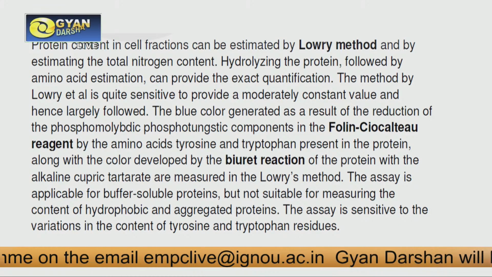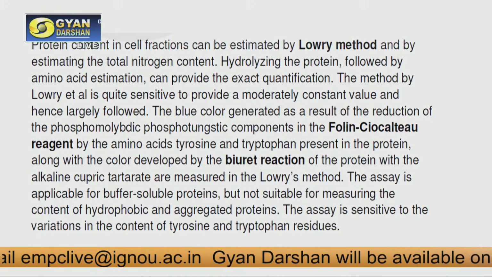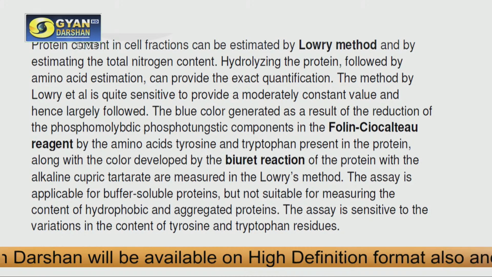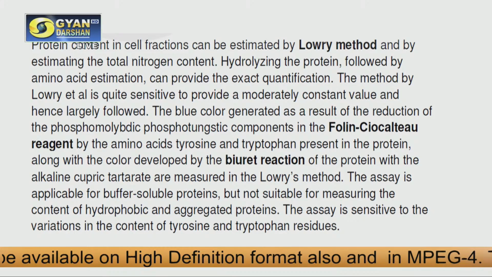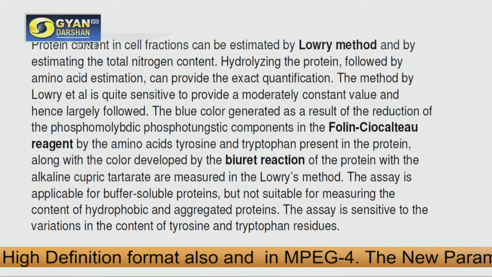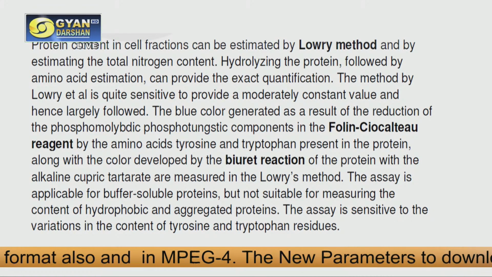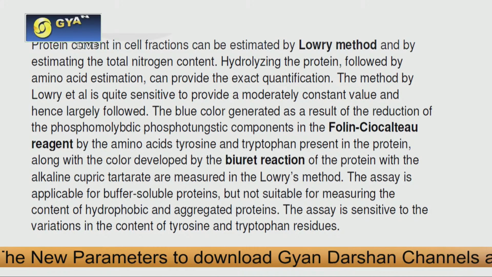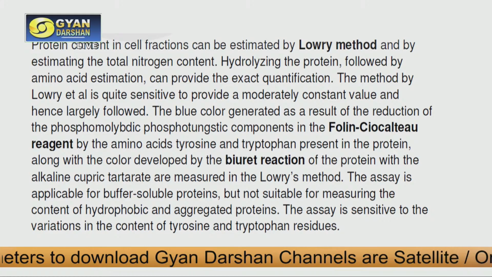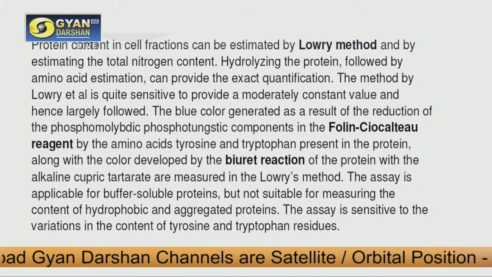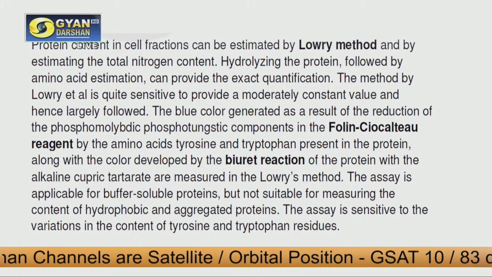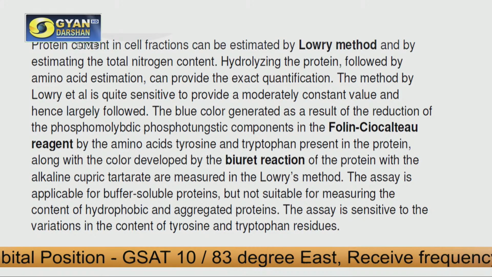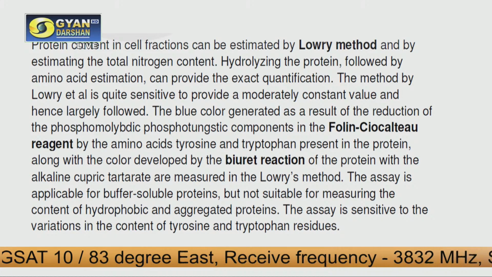So when you add this reagent, it interacts with the amino acids tyrosine and tryptophan present in the protein, and then a blue color is generated, and this blue color is developed by the biuret reaction of the protein with the alkaline cupric tartrate, which is measured in the Lowry's method. So basically you are using this Folin-Ciocalteu reagent and the alkaline cupric tartrate.